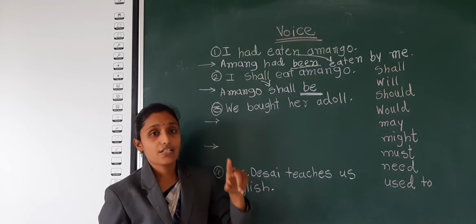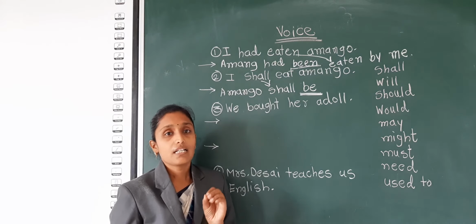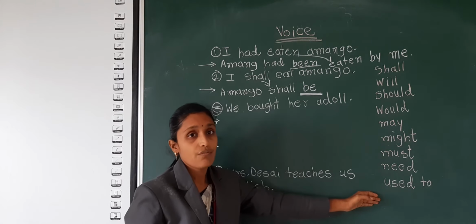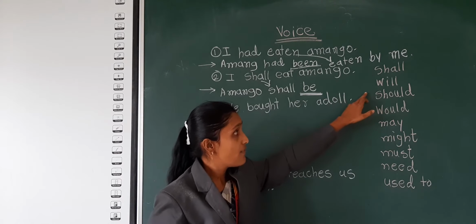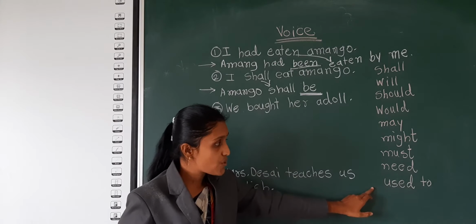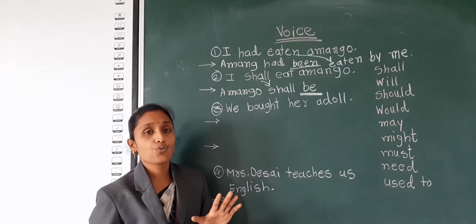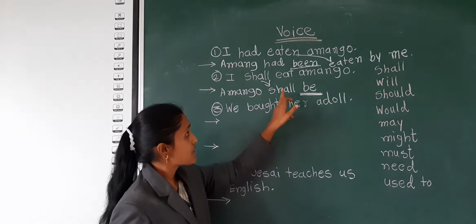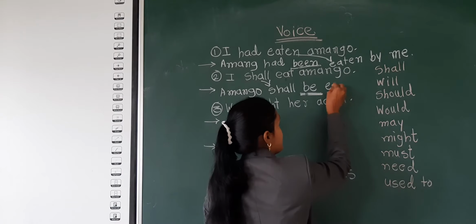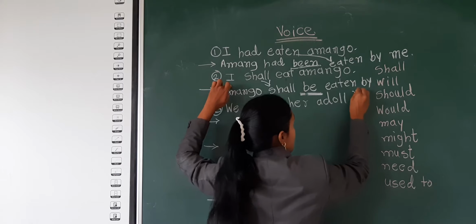If it is continuous tense, it means the ing form, being, which you already used, students. After perfect tense, you use been. And when that type of modal auxiliary is used, like shall, will, should, would, may, might, must, need, used to, after these in the active voice you use be, and then automatically the past participle form, eaten, then the preposition by, and then automatically me.